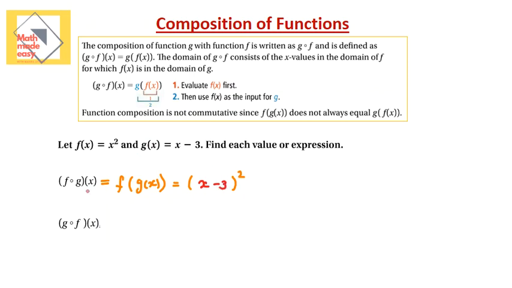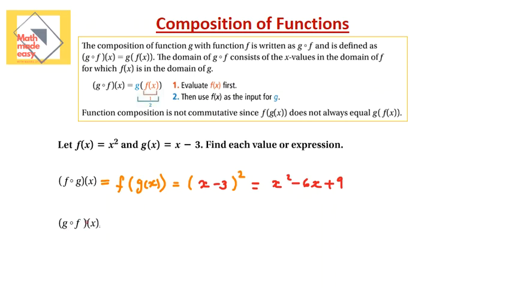You took the second function and used it as a domain for the first one. So instead of writing x squared, I removed the x and put parentheses, and I substituted with g. Then you simplify. Now this is basically x squared minus 6x plus 9 when you multiply the binomial by itself.